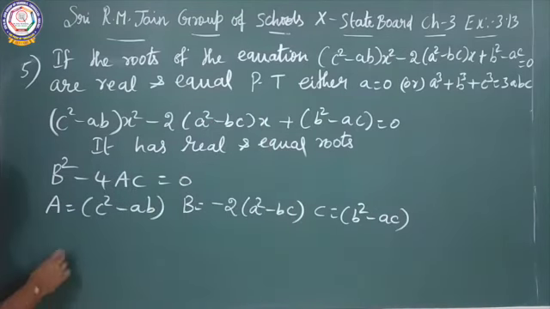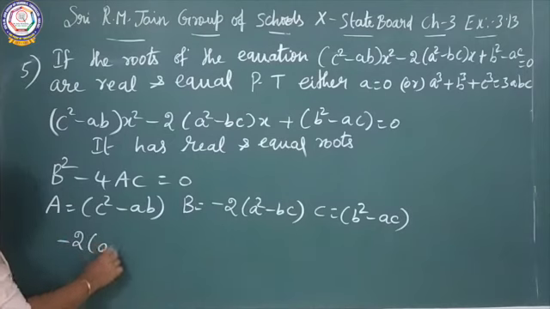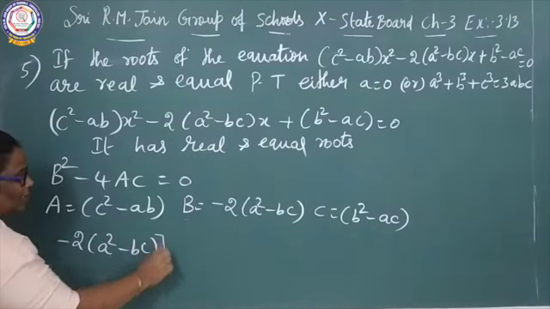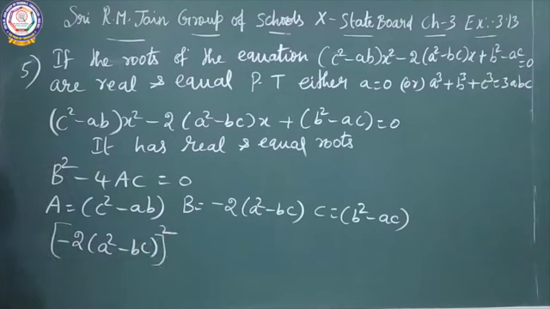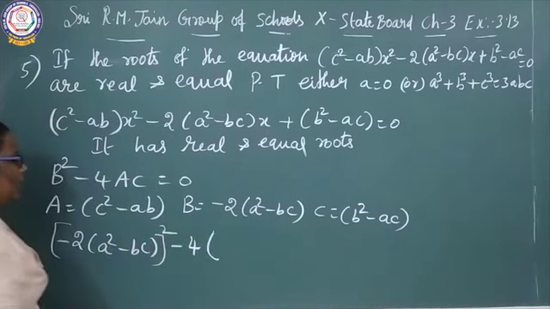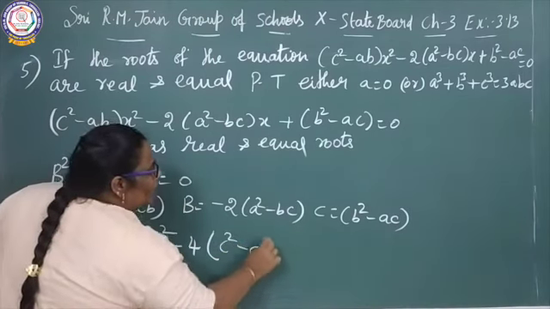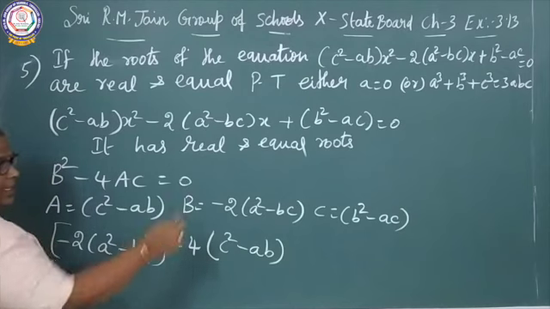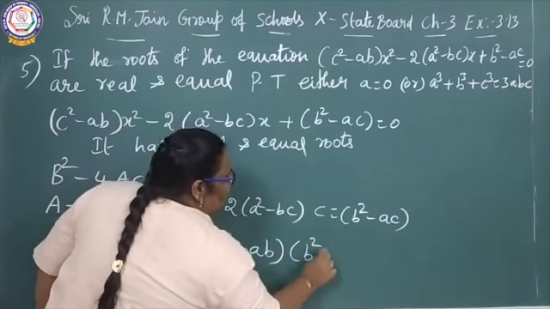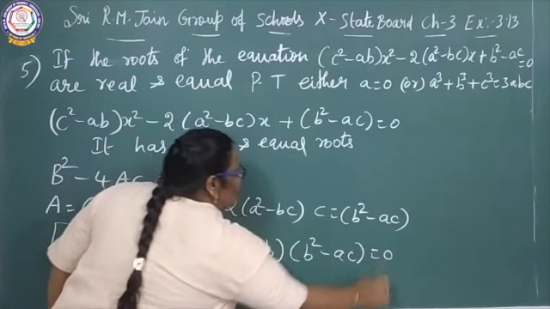So b square is minus 2 into (a square minus bc) the whole square, minus 4 into a, where a is c square minus ab, and c is b square minus ac, equal to 0.